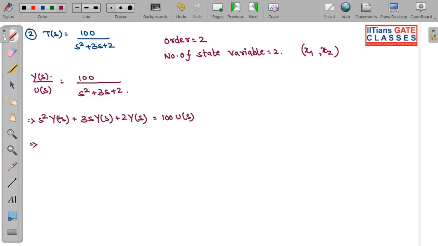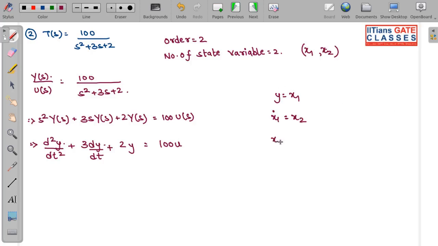Now if I take the inverse Laplace transform, this will be d square y by dt square plus 3 dy by dt plus 2y is equal to 100u. Fine. Now let us define y is equal to x1, the first one, and x1 dot is equal to x2.